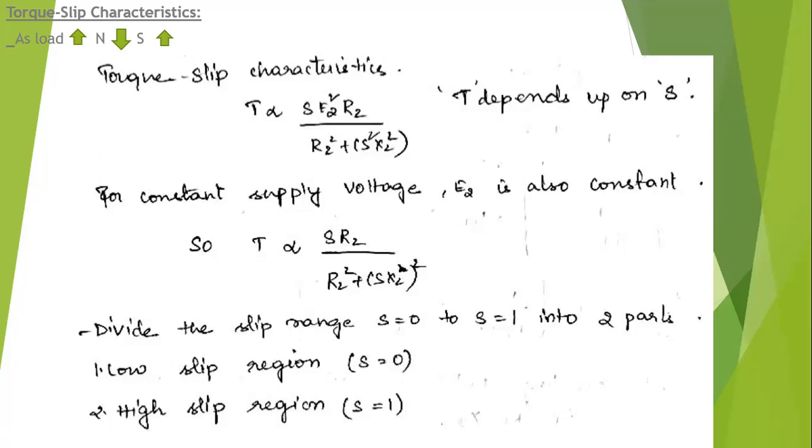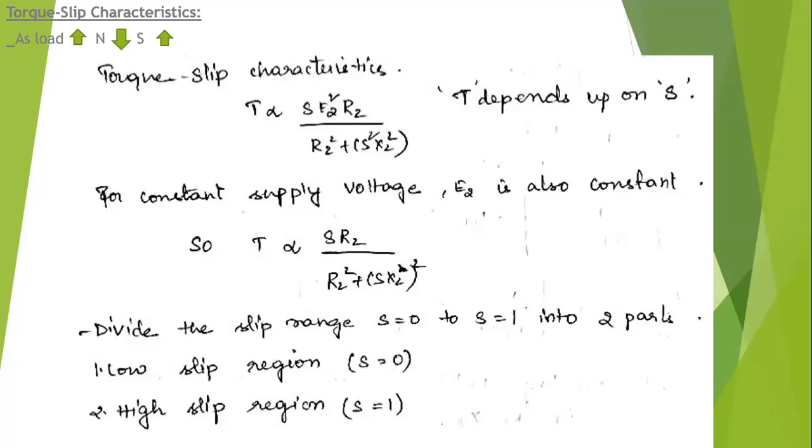S is equal to ns minus n by ns, right? So in the numerator part, if n decreases, the slip will go on increasing to the maximum value. What is the maximum value of slip? The maximum value of slip is 1 and minimum value is 0, right? So as speed decreases, the slip goes on increasing.